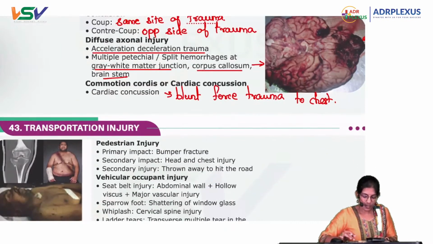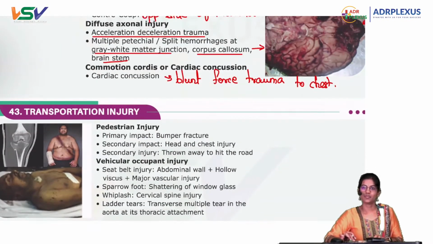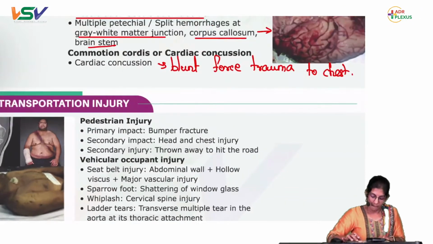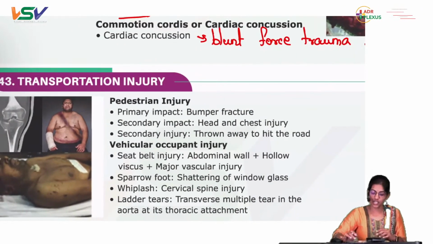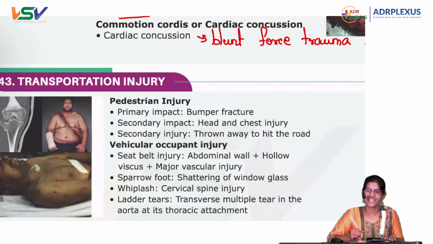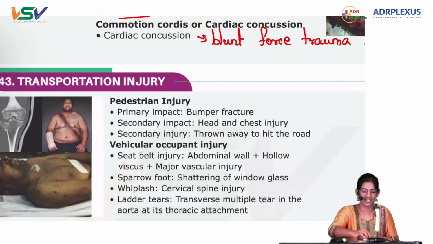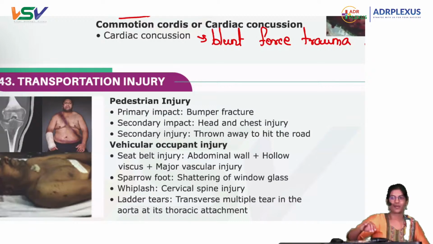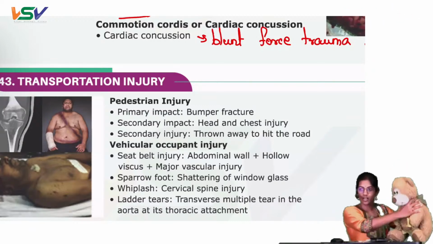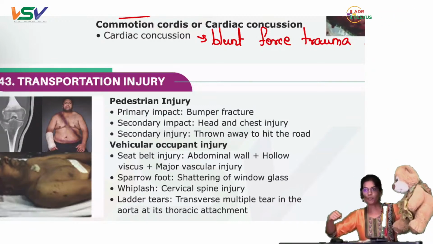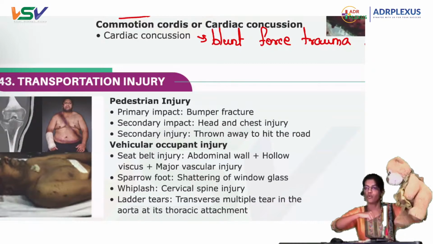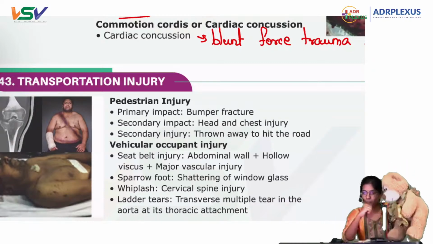Then transportational injury. Pedestrian injury can be primary impact, secondary impact, or a tertiary impact injury. Let's learn it with Brownie again. Walking on the street, hit by a vehicle. So, first hit happens by the bumper.